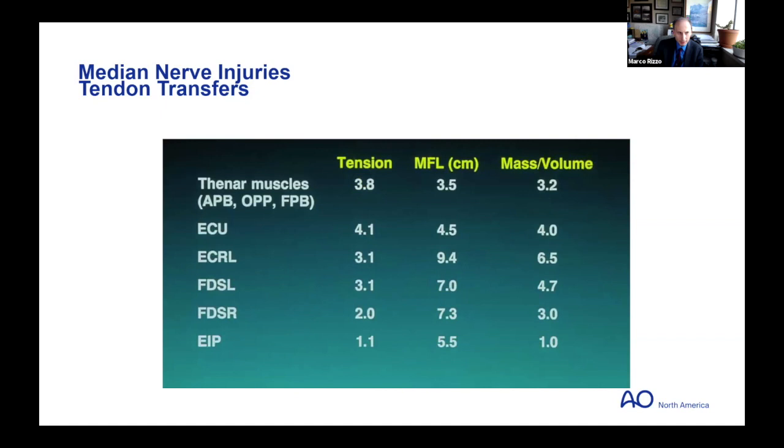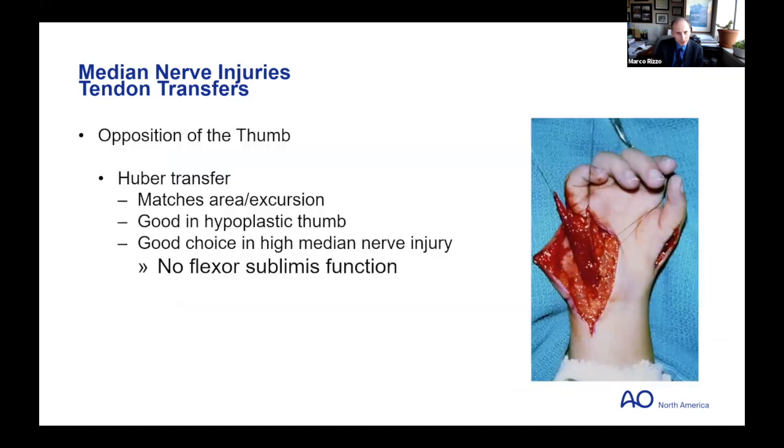So if we look at that compared to our potential donor options or tendons like ECU, ECRL, FDS to the long and ring, and EIP, you can see, for example, EIP has a very good fiber length, but not so good tension and mass volume compared to the thenar muscles. And weighing these is important in determining the best choice for transfer.